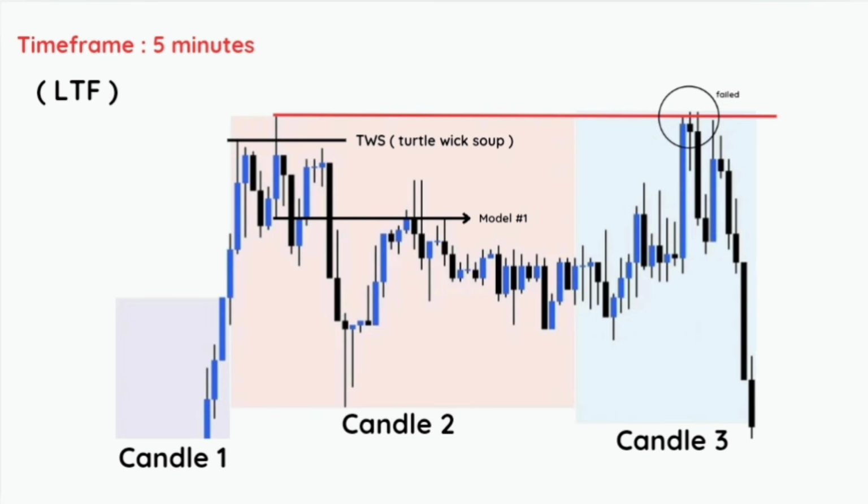But even before reaching 50% of the CRT candle, it has been failed by the third candle. The reason behind it was TWS, which means turtle wick soup, because it has low probability.